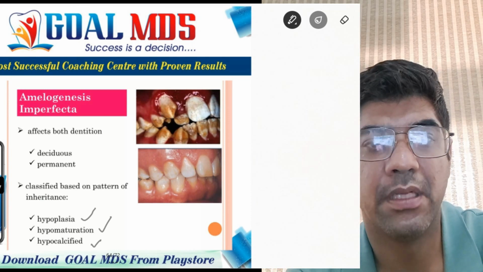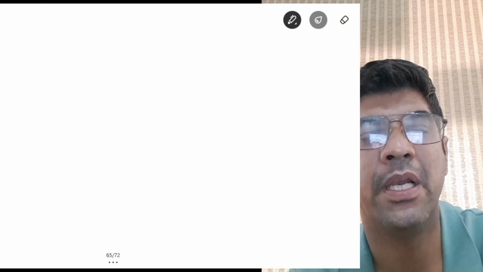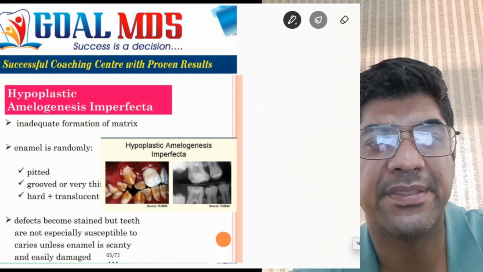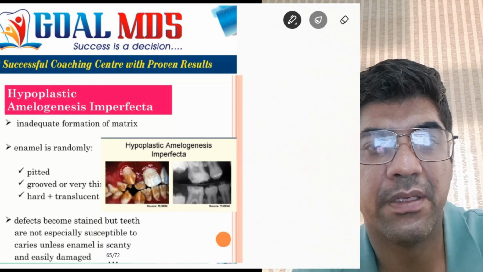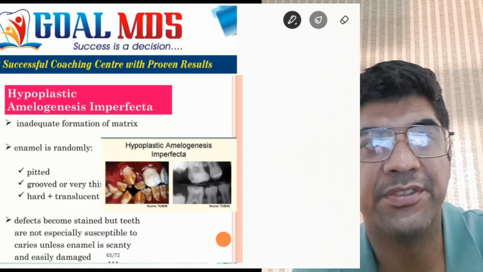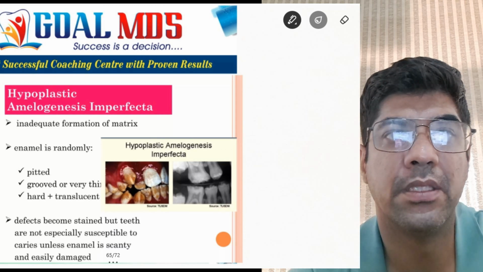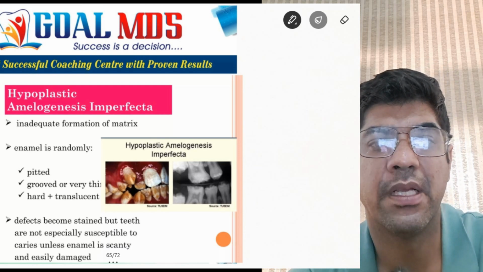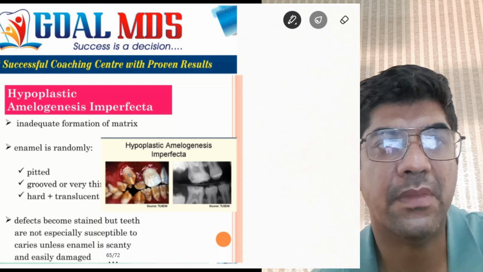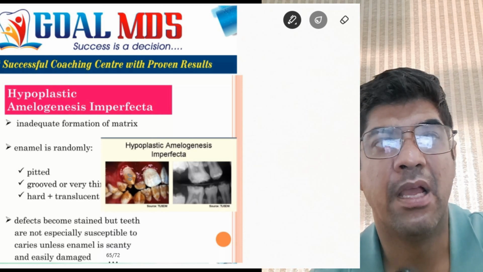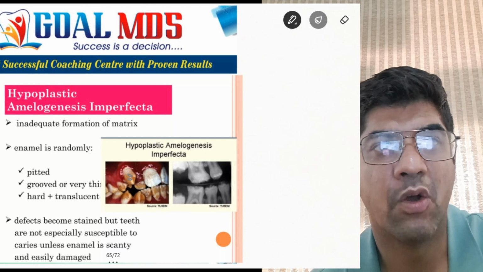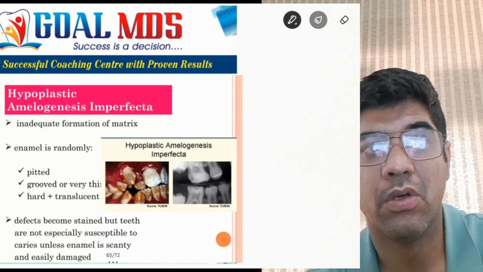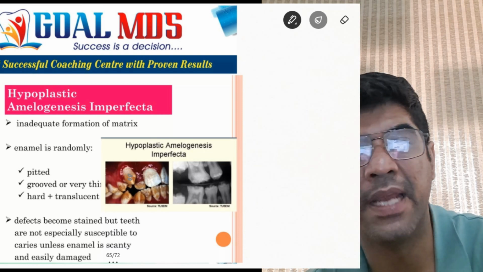Now let us discuss the first form, hypoplastic amelogenesis imperfecta. The problem is that the enamel matrix is not enough, which causes pinpoint pits. You will see pits on the tooth surface. The enamel will be pitted, grooved, or very thin, because there is inadequate formation of the enamel matrix.